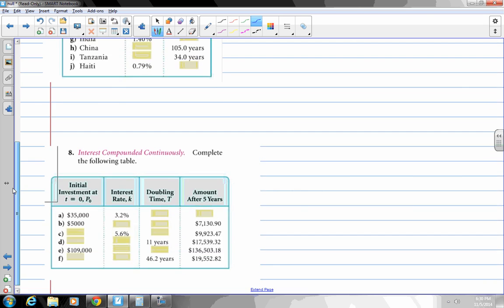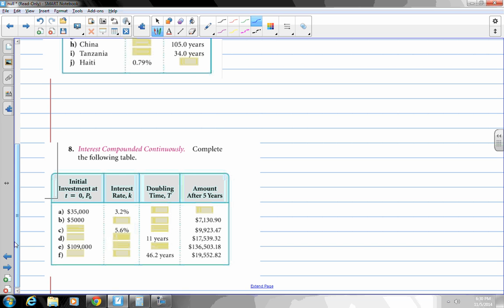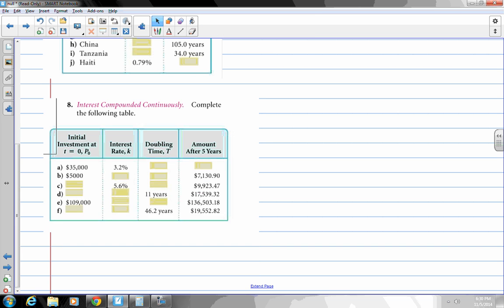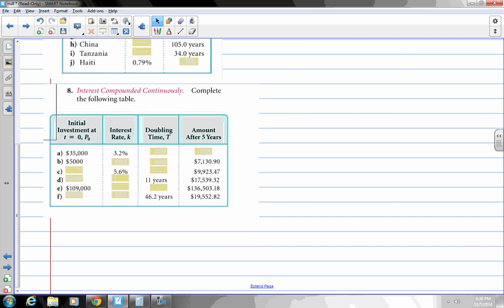I have another little table here. This is the money problem, but it's the same formula. So let's do the first one. We know the initial investment, or if I use the new notation, the initial amount, n naught equals 35,000, and we know the rate of 3.2.